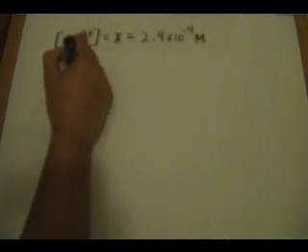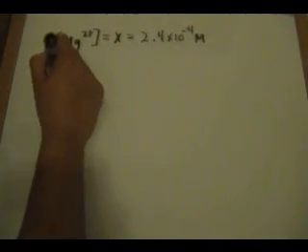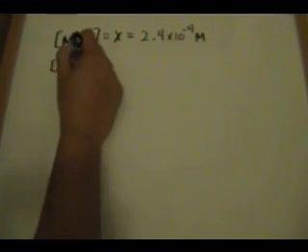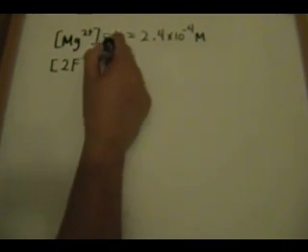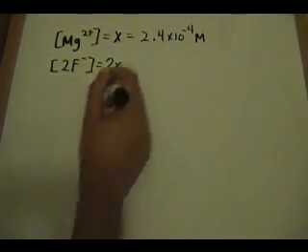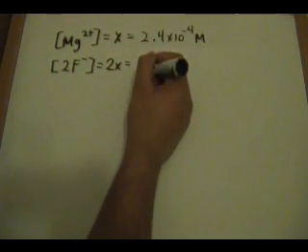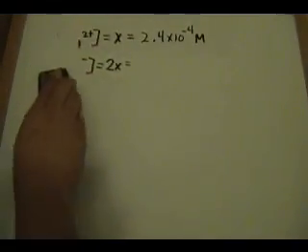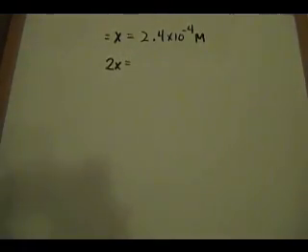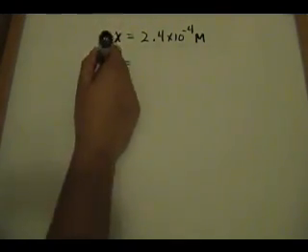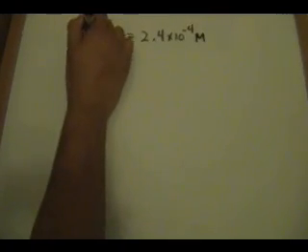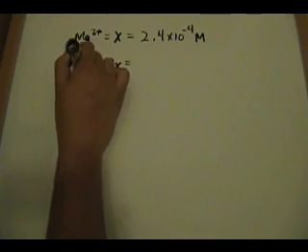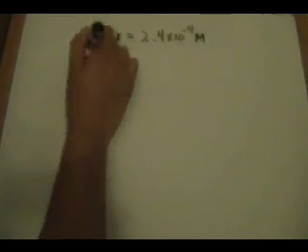And now the concentration of fluorine, which was 2F minus, which was equal to 2X at equilibrium. Let's write this: magnesium and fluorine ions, right?